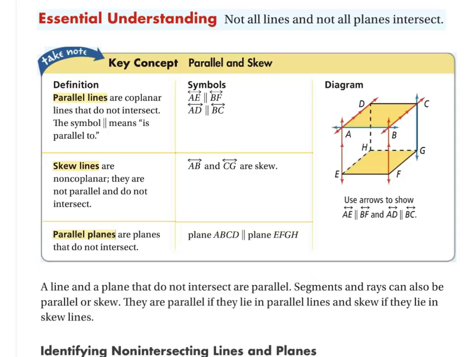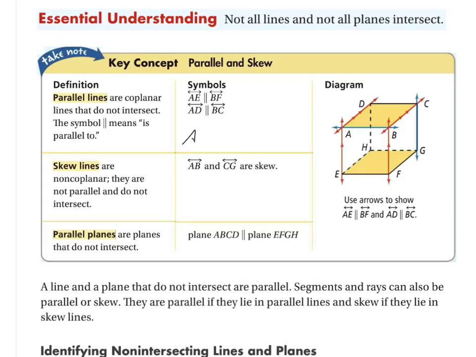A couple other things you need to know. Looking up here at the symbols for parallel lines, those two lines going up and down are the symbol for parallel. I don't write it that way because a lot of times my handwriting gets sloppy and it starts to look like an 11 or maybe I's.